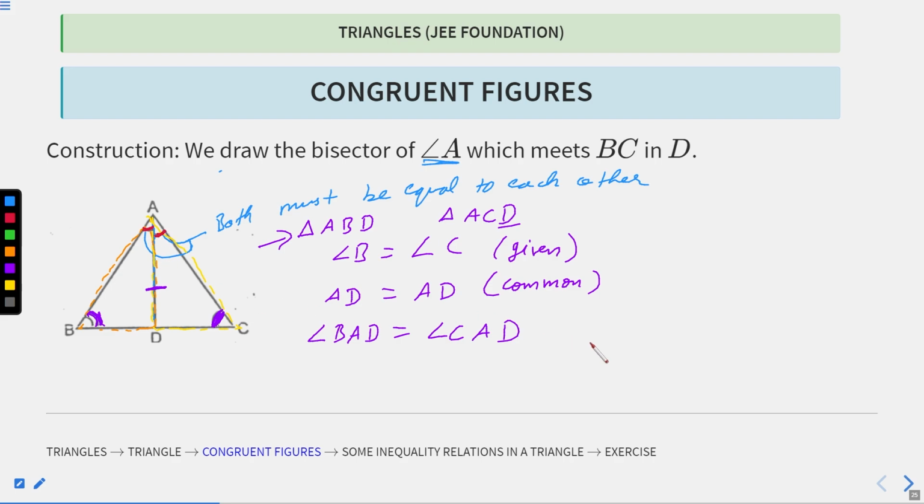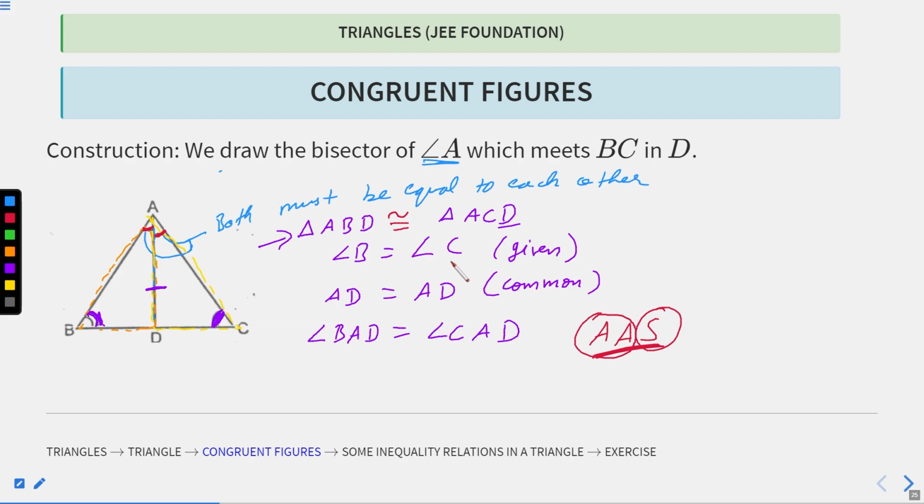So I will apply AAS. In angle-angle-side, if you have two triangles with two angles equal to each other and one of the sides equal to each other, then I can say that both triangles are congruent.